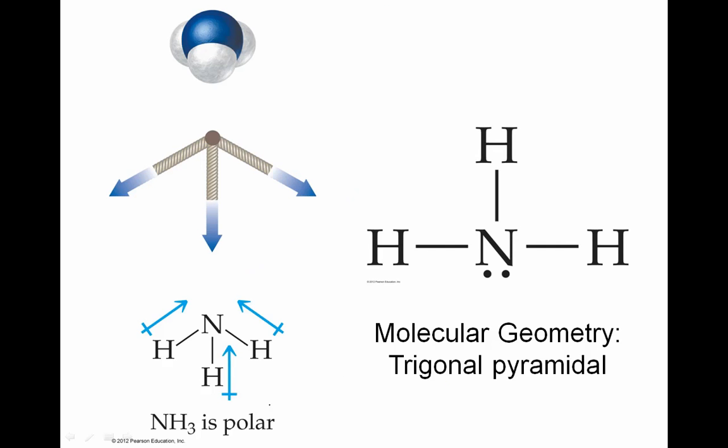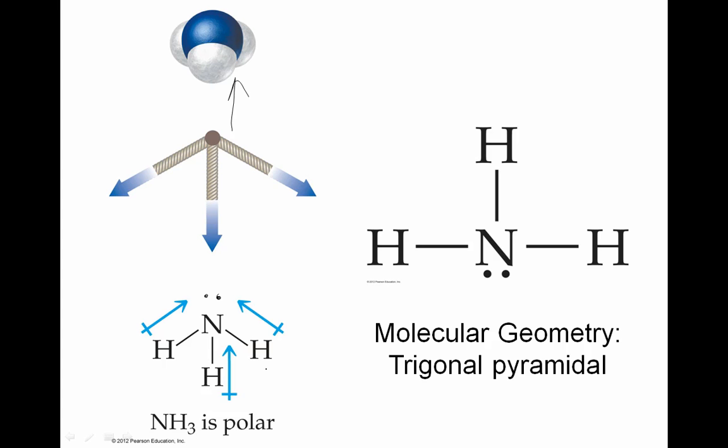Okay, so for instance, NH3, its molecular geometry is trigonal pyramidal. It has some electrons right up here. Nitrogen is also more electronegative than hydrogen, so it has each of the individual dipoles drawn as shown. All of the hydrogens are pulling on those electrons, but nitrogen is able to pull so strongly that it can pull all of them straight up.